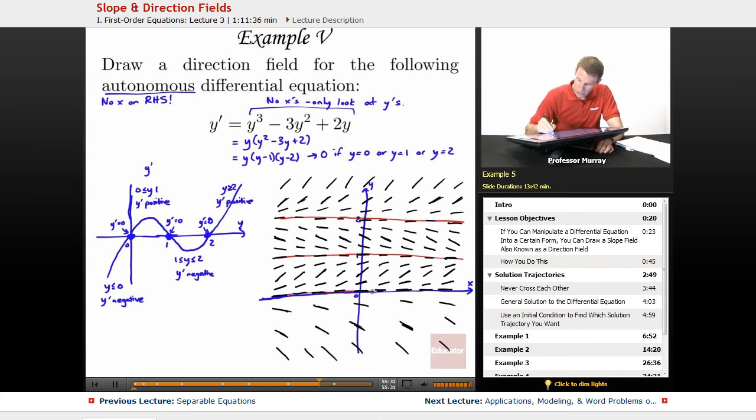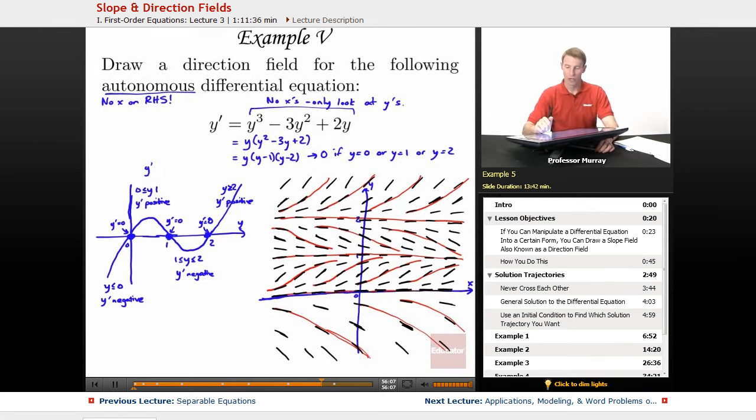In the regions below, everything seems to be sloping down. On the regions in between, I've got solution trajectories sloping gradually up towards 1, and then sloping gradually down towards 1. And up above 2, everything seems to be sloping steeply up towards infinity.